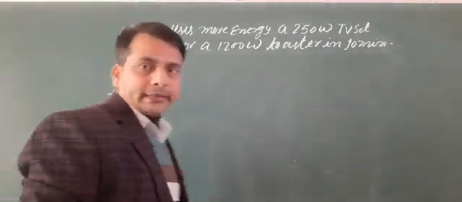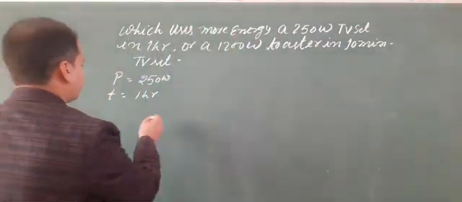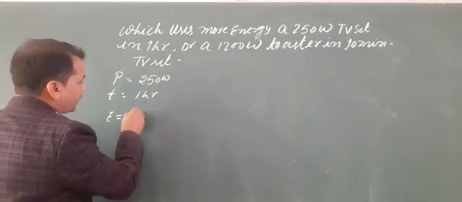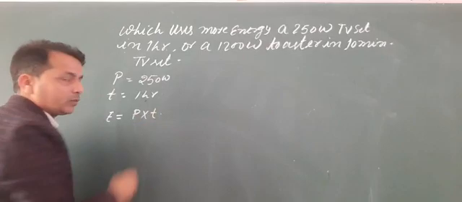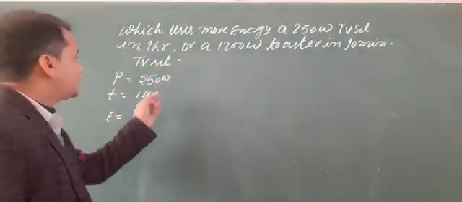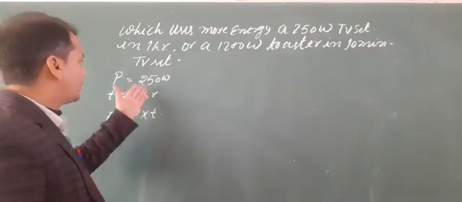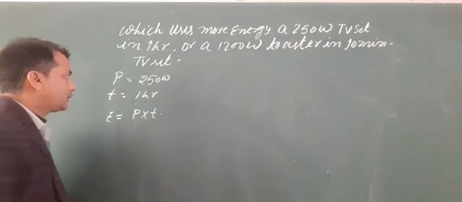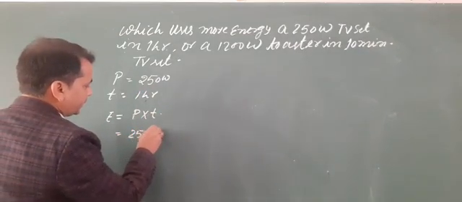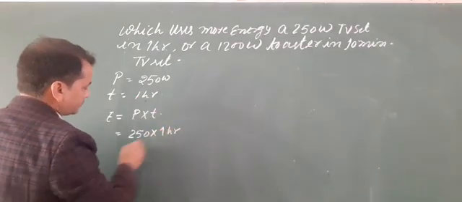According to the formula, the electrical energy equals power into time, E equals P into t. So put the value of power in this formula: 250 into the time, which is 1 hour.